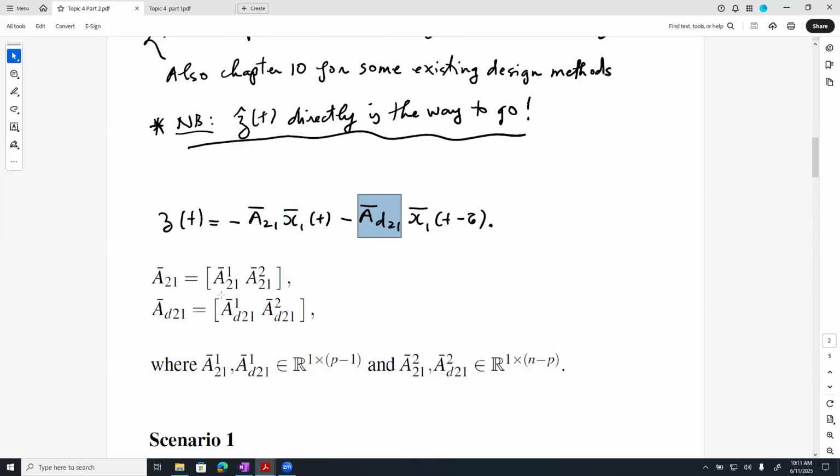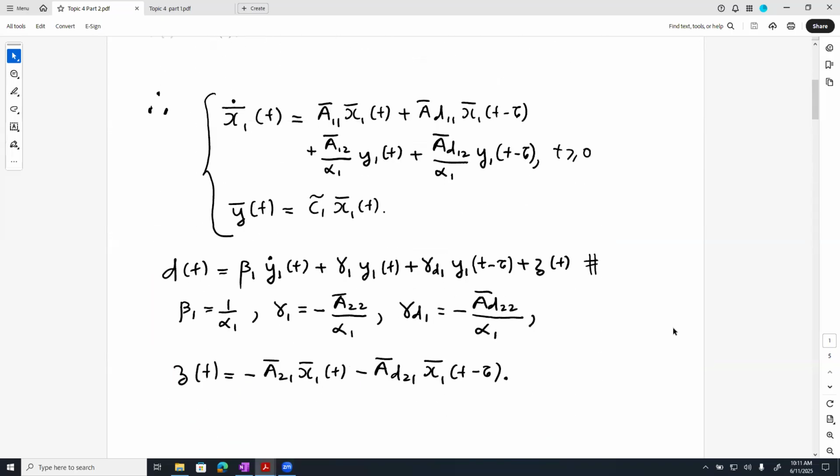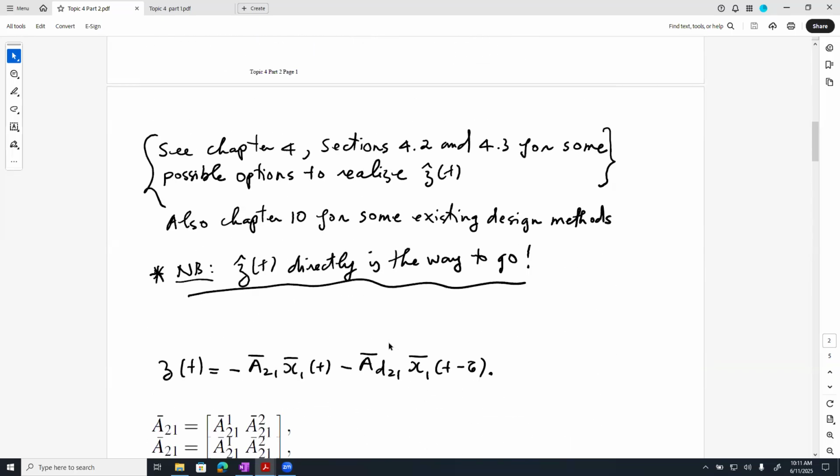Again, we split that into two sub row matrices. The first one is of dimension 1 by t minus 1. Again, that will collect the delayed output measurement vector y bar of t, because of this special structure of C tilde 1. All right, so that was the idea there.